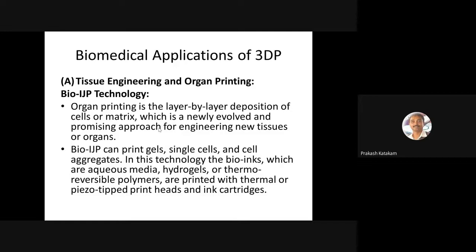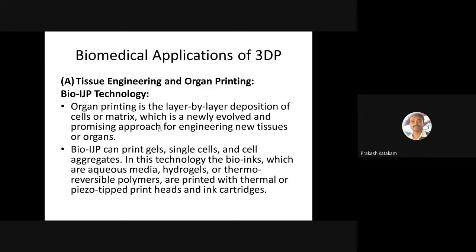This scaffold material will print a mesh-like 3D structure of the ear. The scaffold material will support the biological material, because if you put biological material on the table, it will fall down and make a single layer. To avoid that, we have to make the biological material stand like a 3D object. So for that, first we have to print a scaffold material.